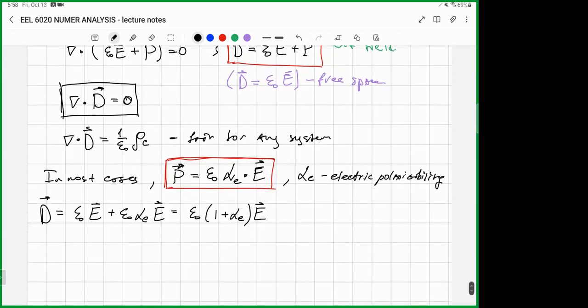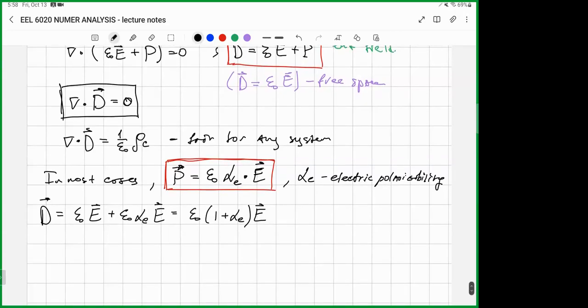And finally, we can introduce one of the most important material parameters, known as the dielectric permittivity. I basically denote this quantity in parentheses by epsilon, and this epsilon is equal to 1 plus alpha E. It is the dielectric permittivity.